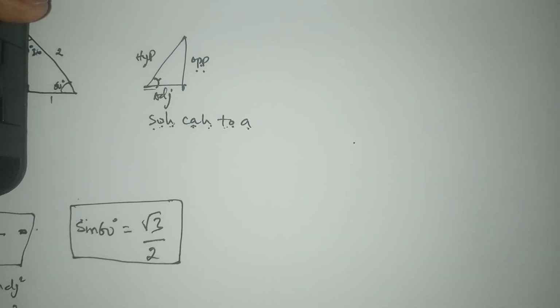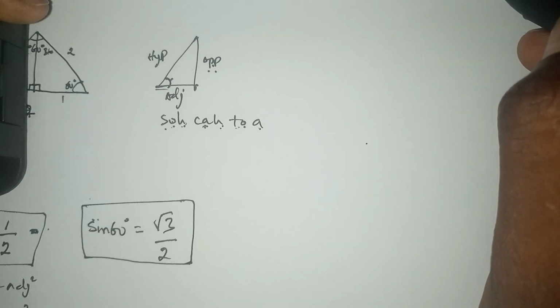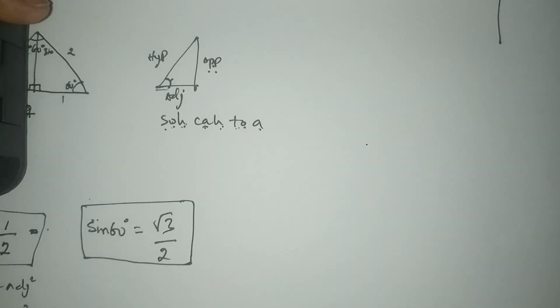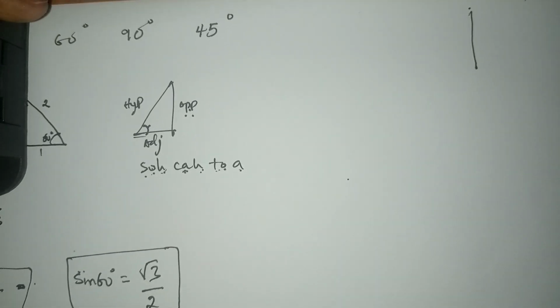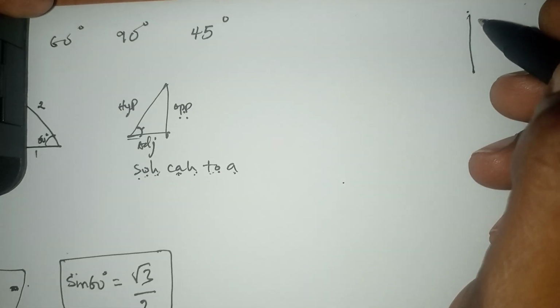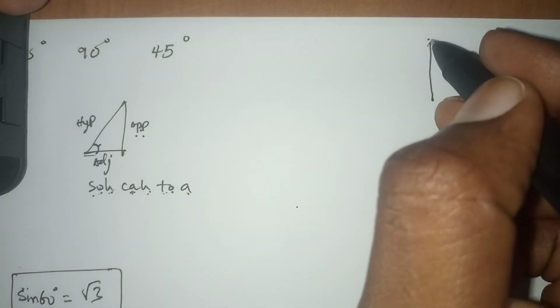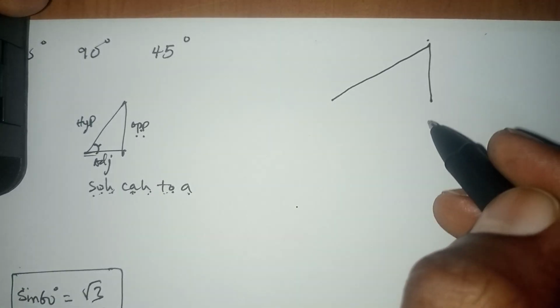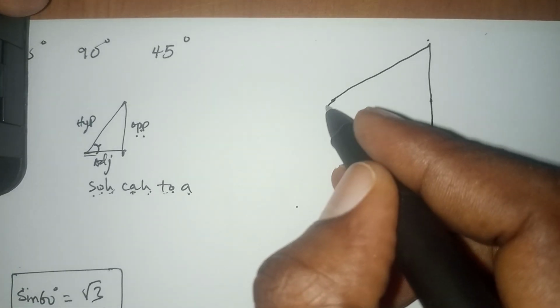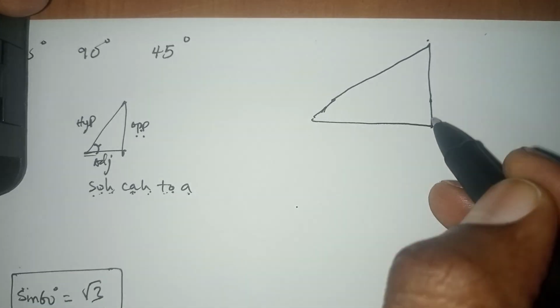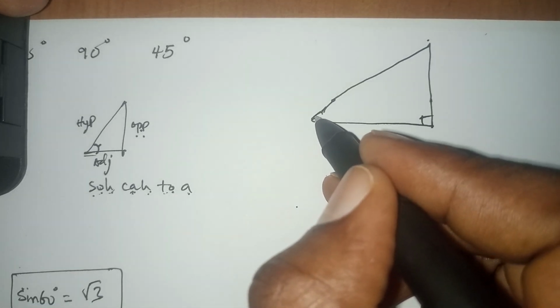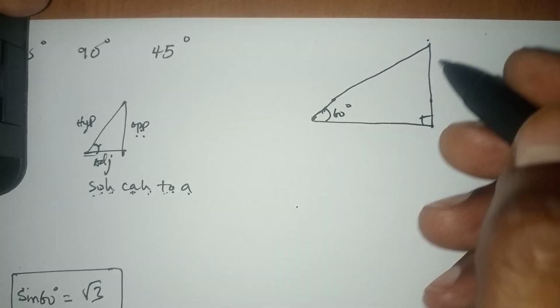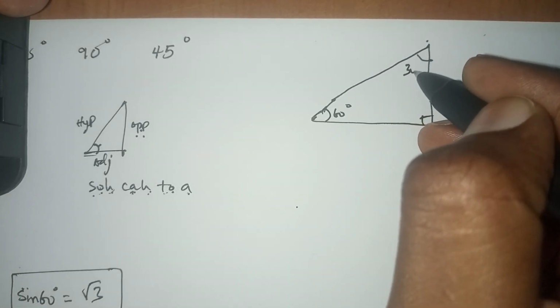We are still using our triangle. Right angle triangle. This is 60. And this is 30.